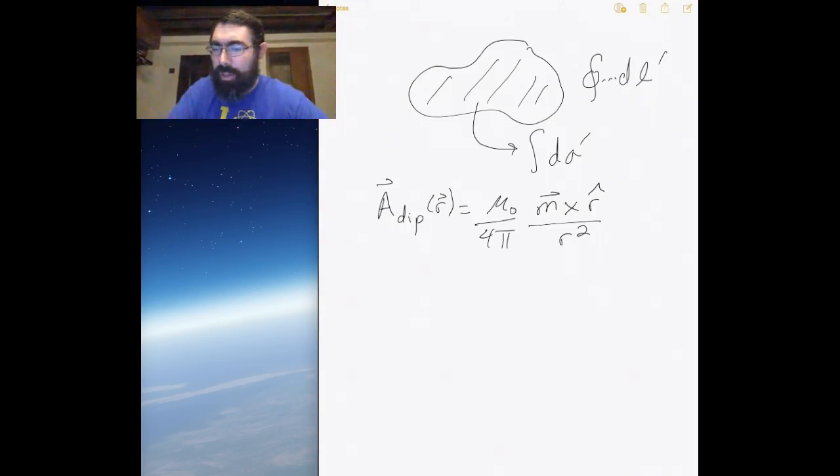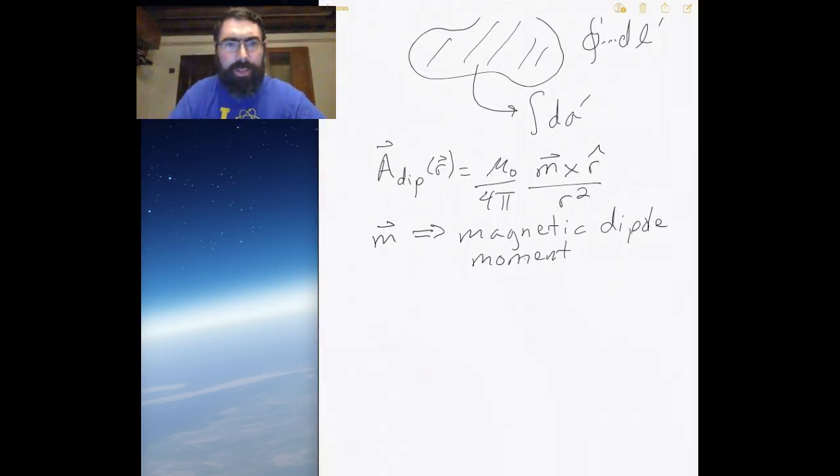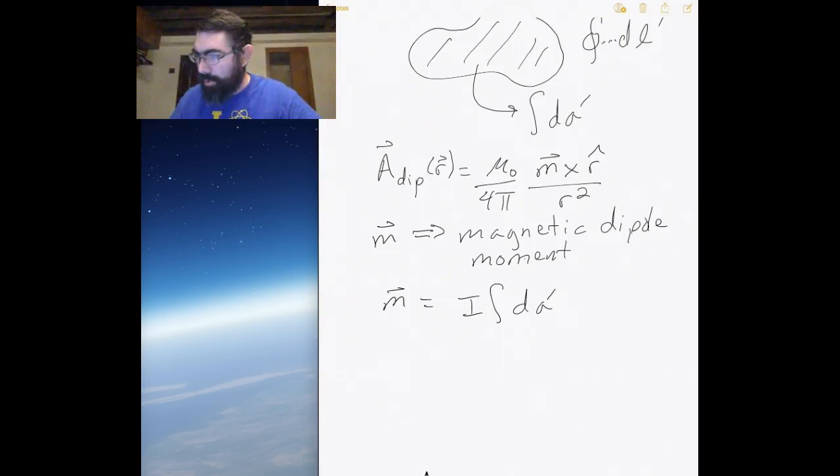And so that means m, by analogy, is the magnetic dipole moment, which we've defined now as the current times the area vector.